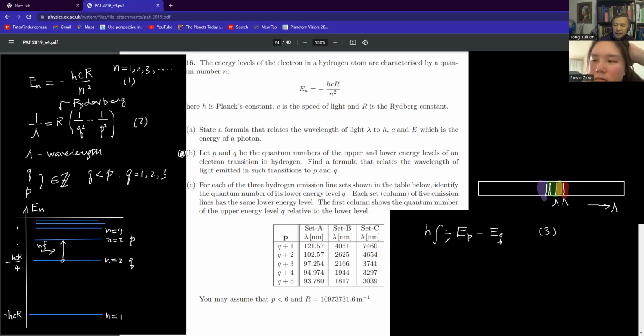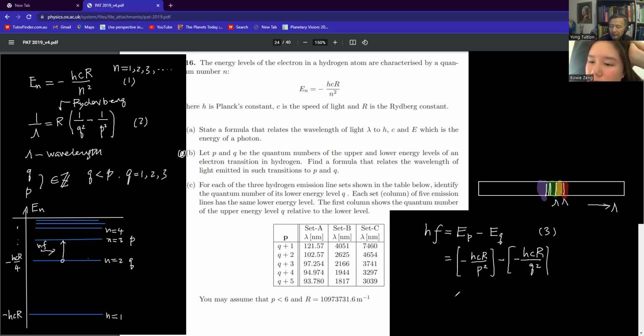Now, we are looking for formula 2, but we pretend we don't know it. So what can we do? We can substitute the formula we just derived. Can we replace the first formula by the energy level, negative hcR divided by P squared? The second one, be careful about this negative sign, it's still the same, hcR divided by Q squared.